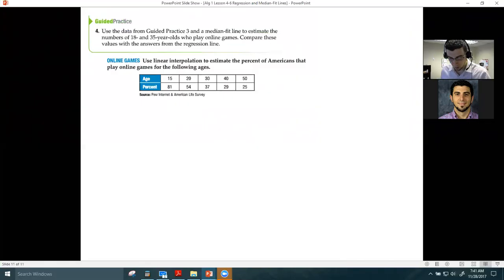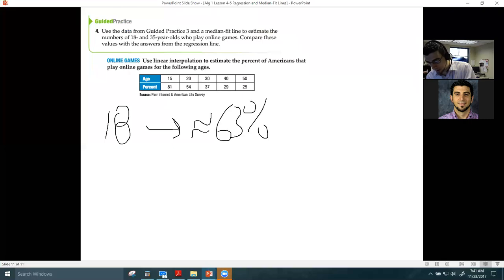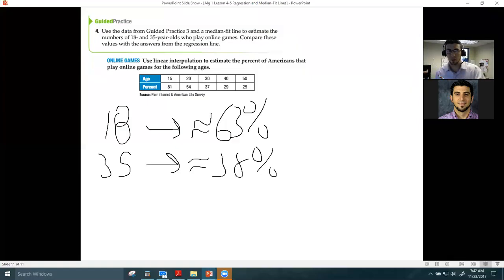All right, we're back. For this one, if it's an 18-year-old, they had approximately 63%. And if it's a 35-year-old, they had approximately 38%. If you remember our answers from guided practice 3A and B, these values are relatively close.